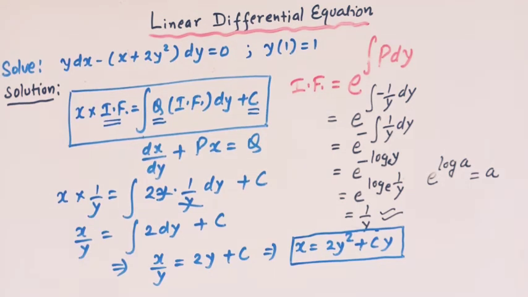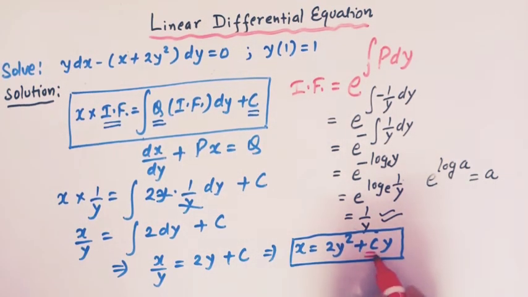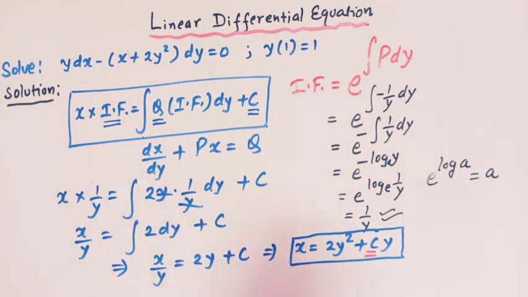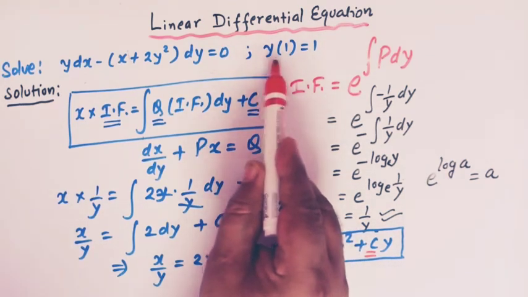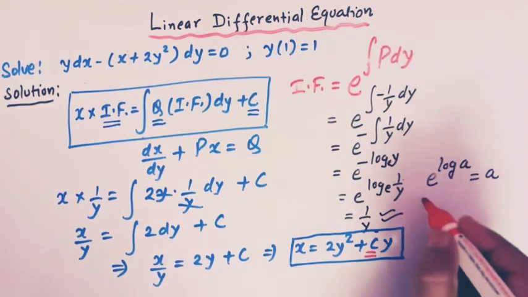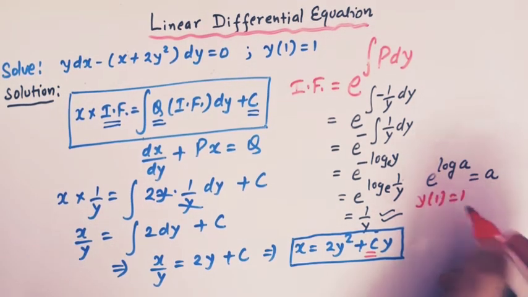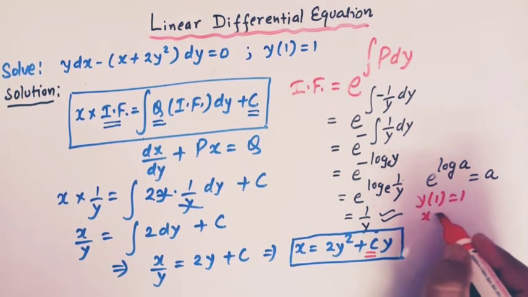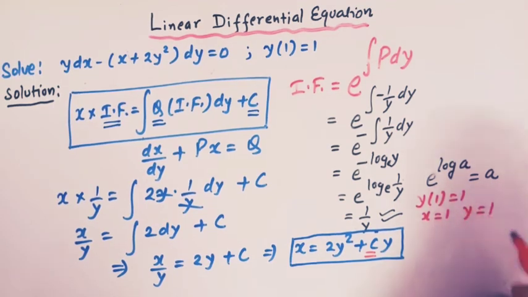Now we have to find the value of the constant of integration c, which can be calculated using the initial condition y(1) = 1. It means for x is equal to 1 we have y is equal to 1.